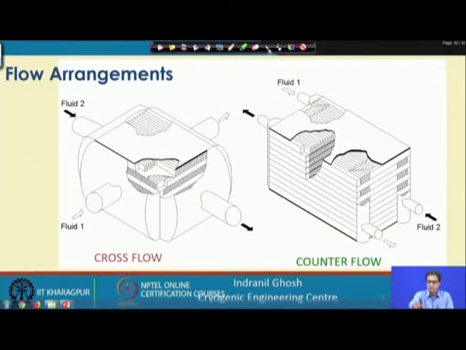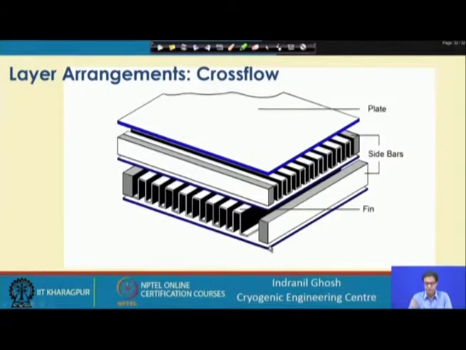So, if you now look at the construction of the cross flow type, as you have understood, this is a very simple arrangement where one layer will have a separating sheet, or the last one will be termed as the cap sheet.